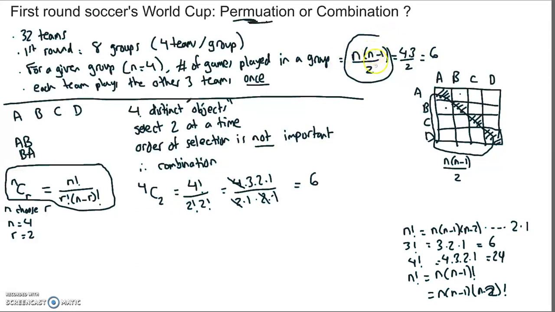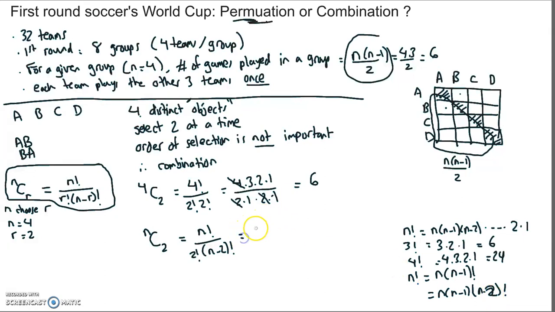And if you want to derive the general formula, you have a total of n teams, and you're choosing 2 at a time where the order is not important. So this equals factorial n divided by factorial 2 times factorial n minus 2. And we showed here that factorial n can be written as n times n minus 1 times factorial of n minus 2.